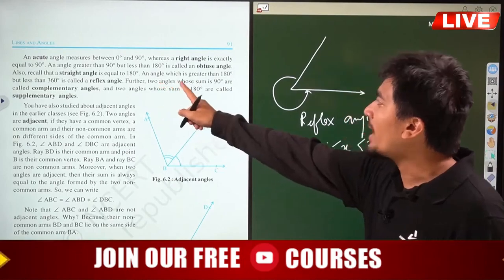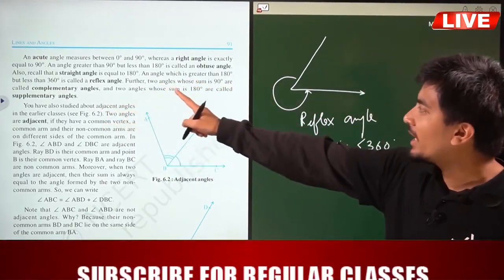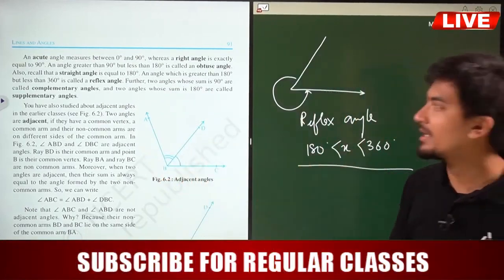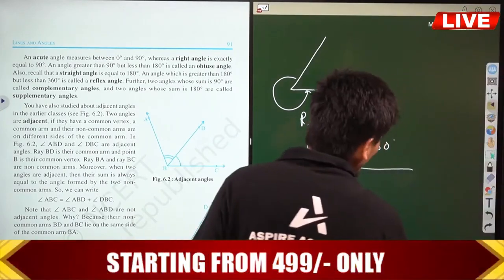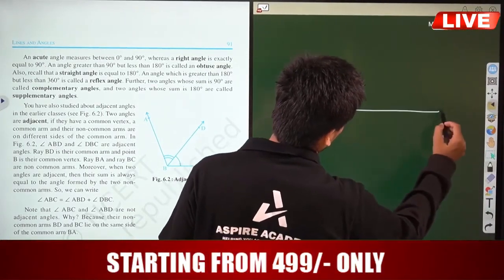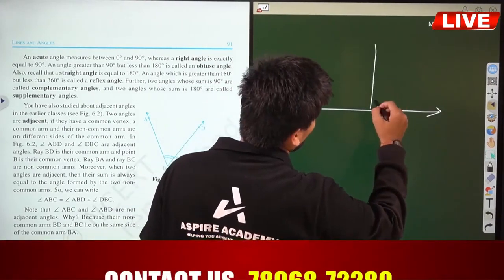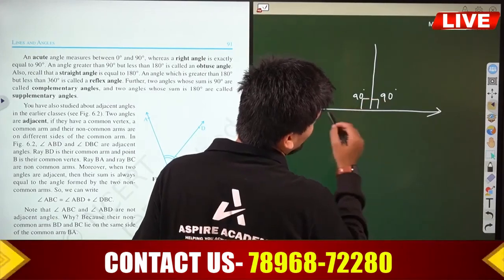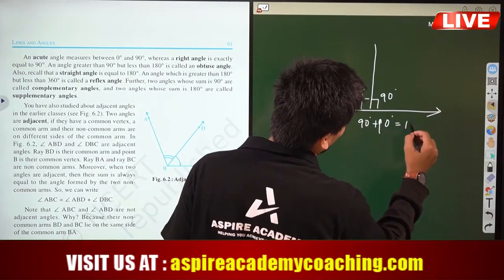So further, two angles whose sum is 90 degrees are called complementary angles, and two angles whose sum is 180 degrees are called supplementary angles. So what are complementary angles? I have already made the diagram. If this is a straight line, and this angle is 90 degrees, and again this angle is 90 degrees, so a straight line has 90 plus 90, that is 180 degrees.